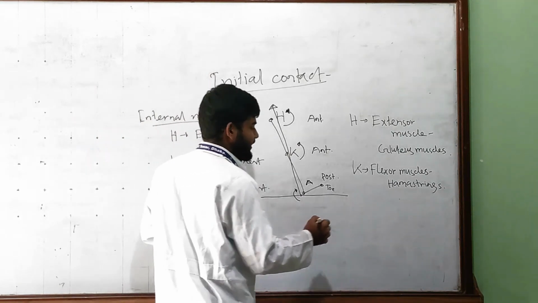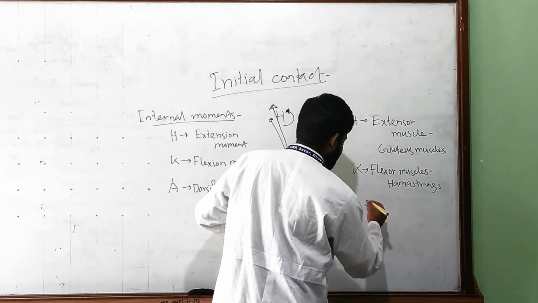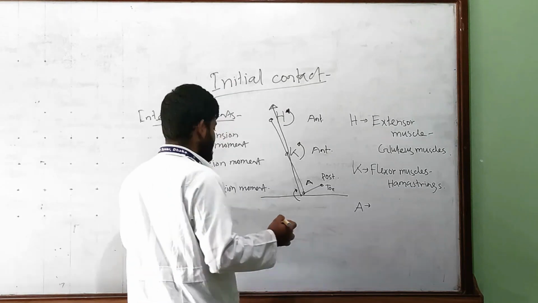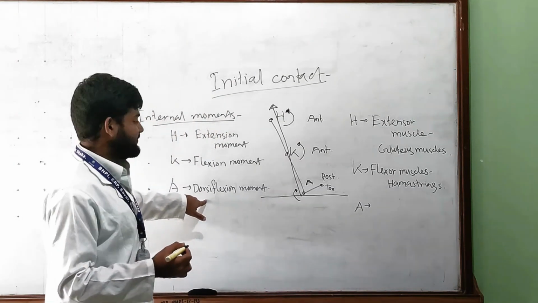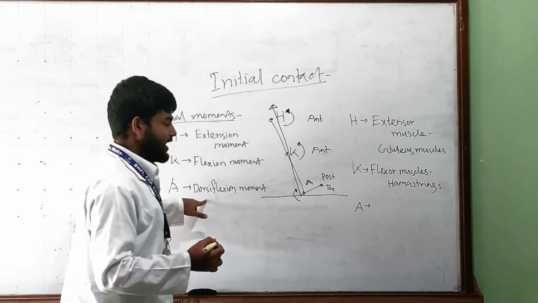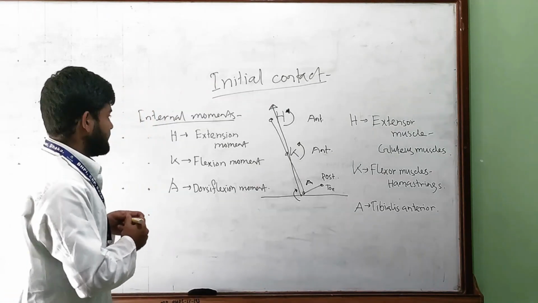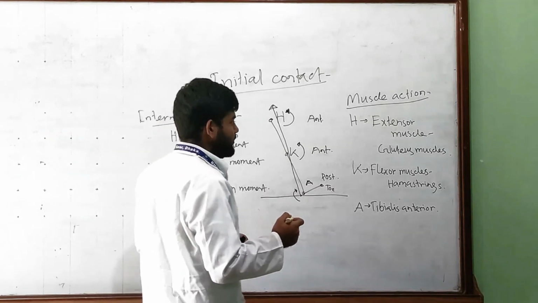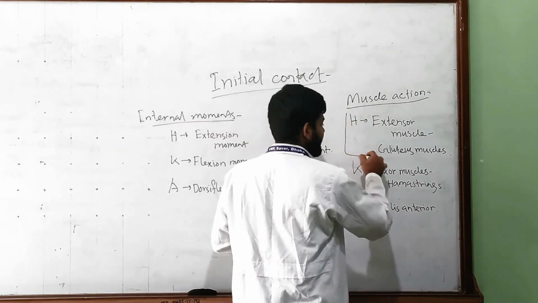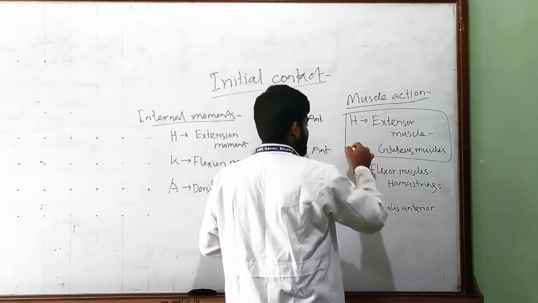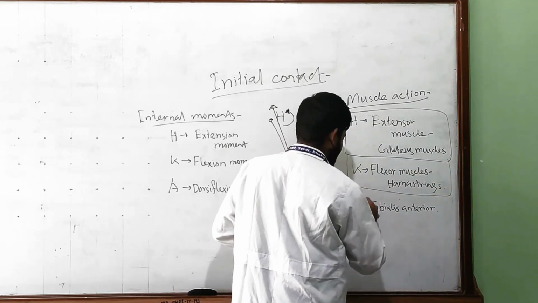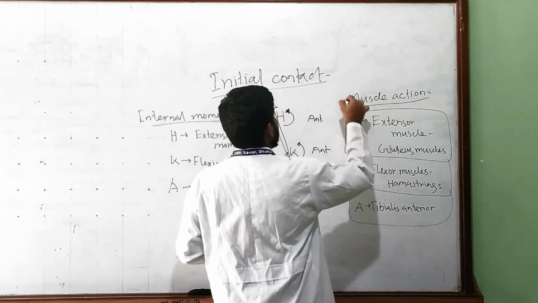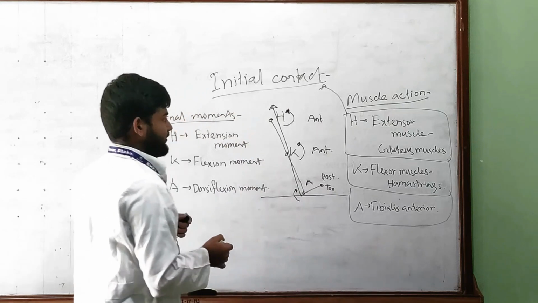Then for the ankle, the dorsiflexion movement, the dorsiflexor muscle is tibialis anterior. So these are the main muscles that will work for the initial contact.